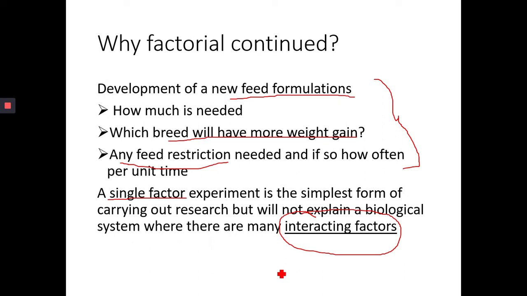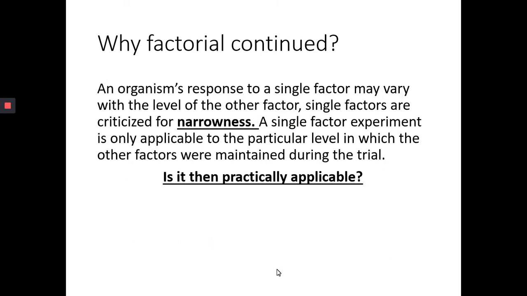Okay, we are still continuing with why factorial. An organism's response to a single factor may vary with the level of the other factor. I want you to appreciate, I will give you a simple example here.